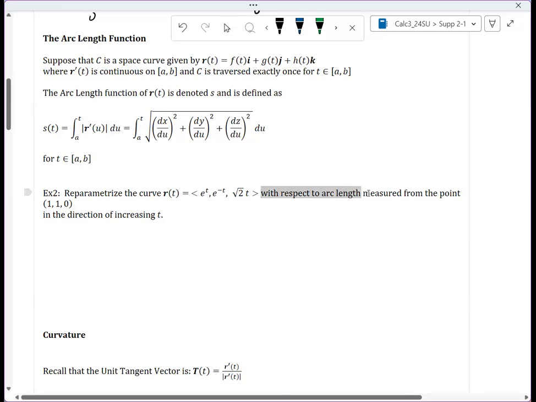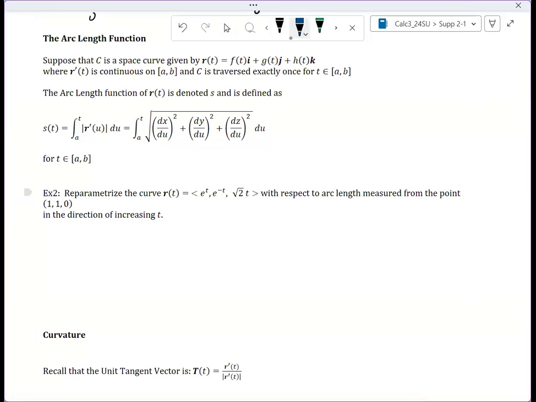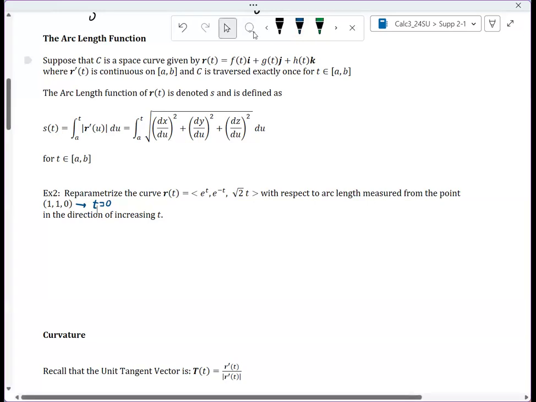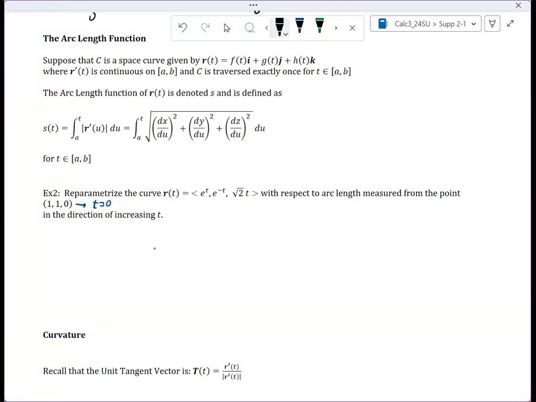But let's reparameterize it with respect to arc length, measured from the point 1, 1, 0. And we want to go in the direction of increasing t. Well, 1, 1, 0, we note corresponds to t equals 0, as can clearly be seen by setting root 2 times t equal to 0 for the third component. So we want to start at t equals 0 and progress forward.